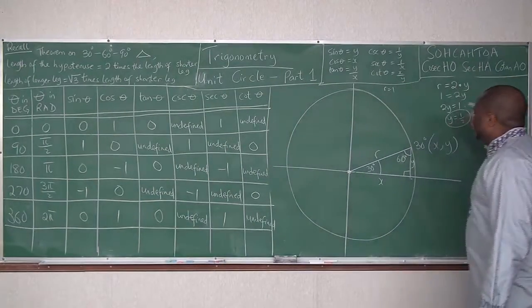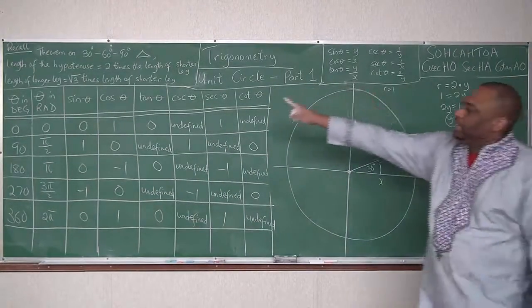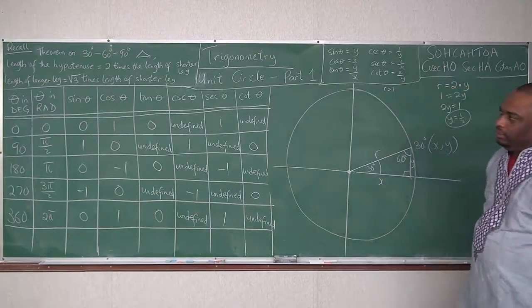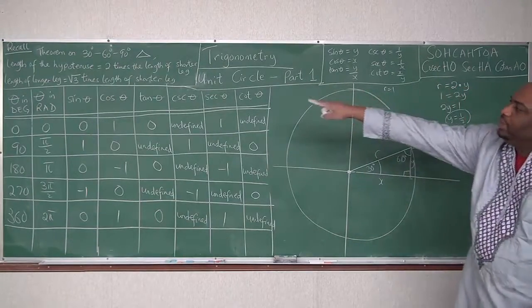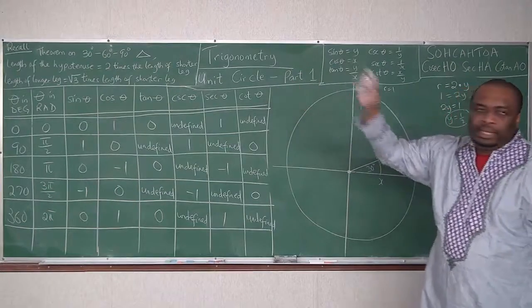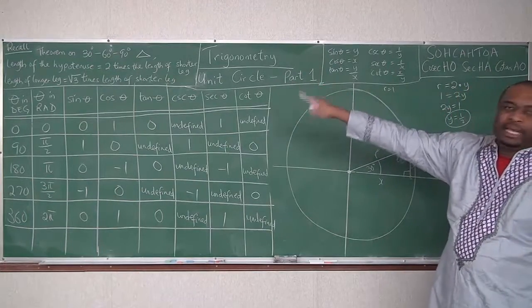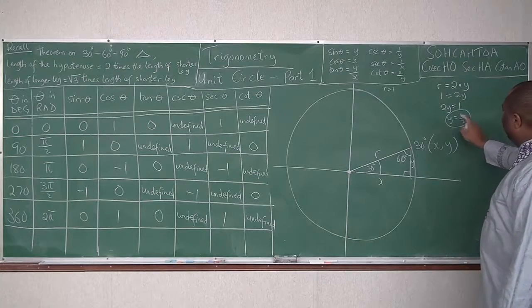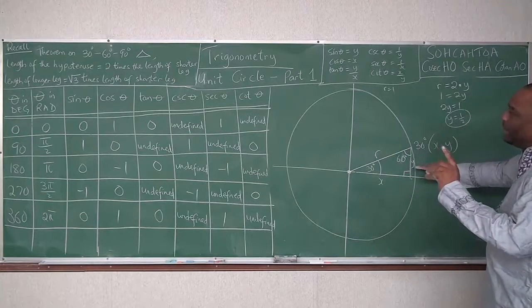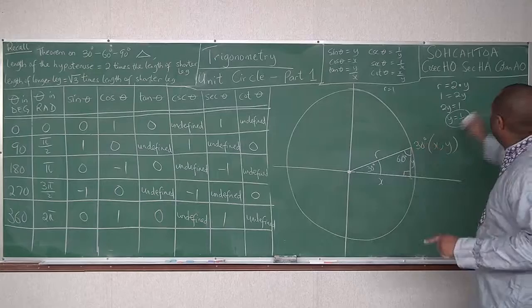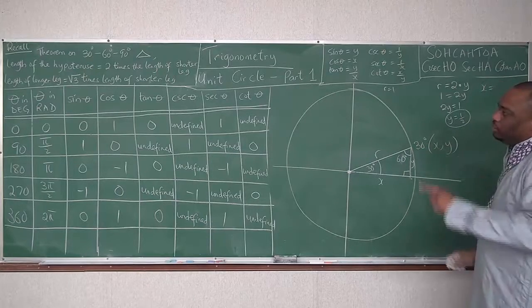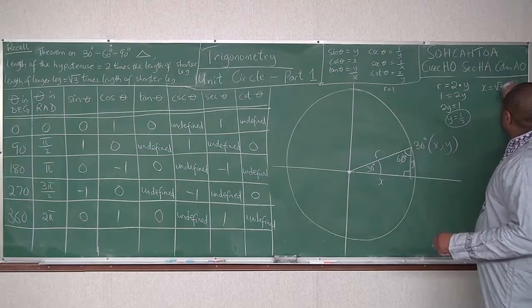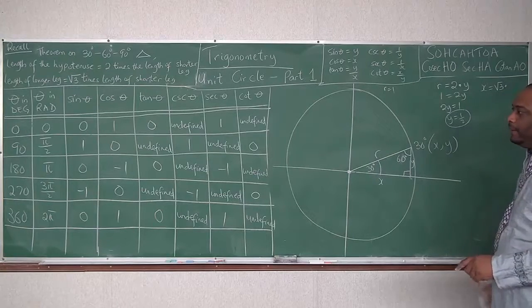So our Y is 1/2. That is the first part of the theorem. The next one is length of longer leg is square root of 3 times length of shorter leg. So in this case, our longer leg is X is equal to square root of 3 times what?